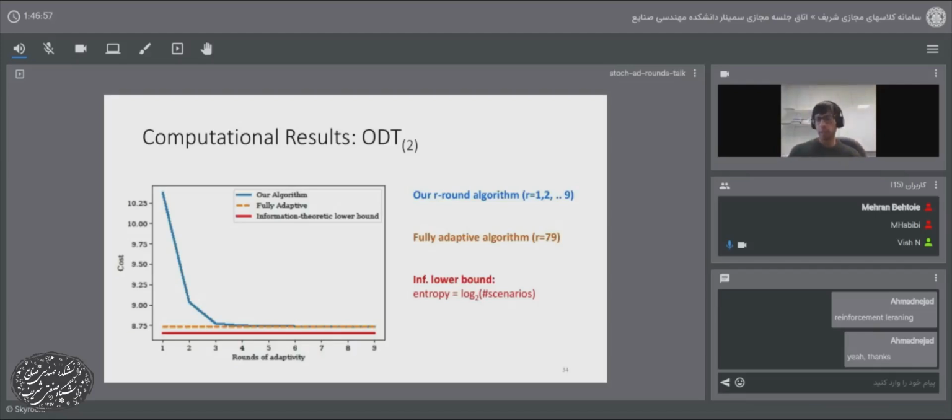So the entropy is the log base 2 of the number of scenarios, or the number of chemicals. And we can see that very quickly, in about 3 rounds, our 3 round adaptive algorithm does almost as well as the information theoretic lower bound. So in this case, our algorithm performs very well.